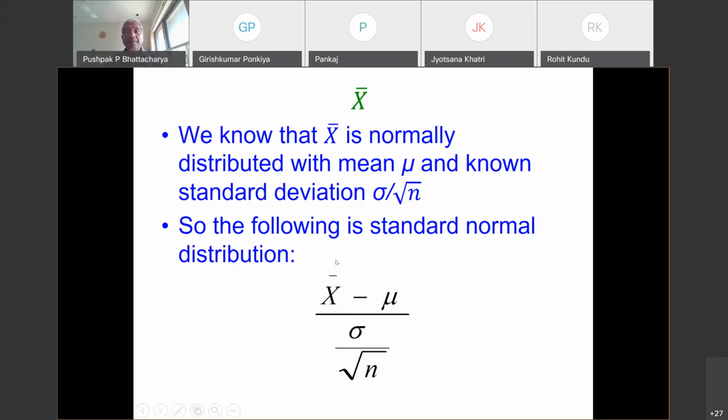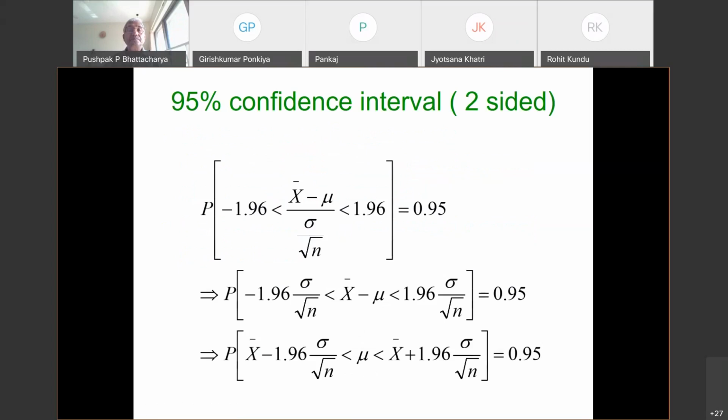So we have obtained a z variable, that is a standard normal variable with mean 0 and standard deviation 1. What do I do? I subtract the population mean from the sample mean and divide by sigma by root n. Then I know the following from the property of z.